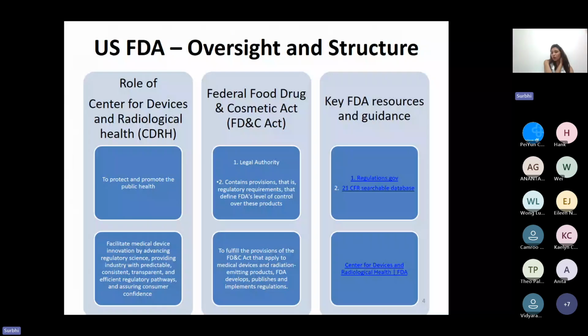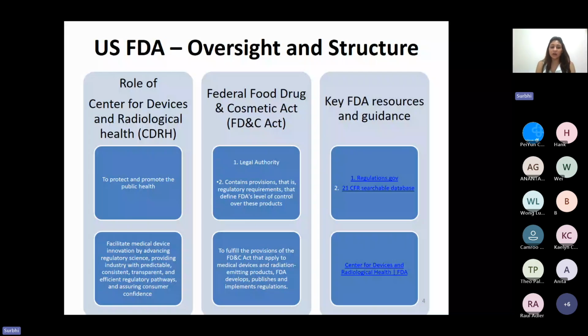Then, US FDA oversight and structure. I'm not going to deep dive into biologics and combination products; I'm just focusing on medical devices. The Center for Devices and Radiological Health basically governs all the regulatory approvals of medical devices.